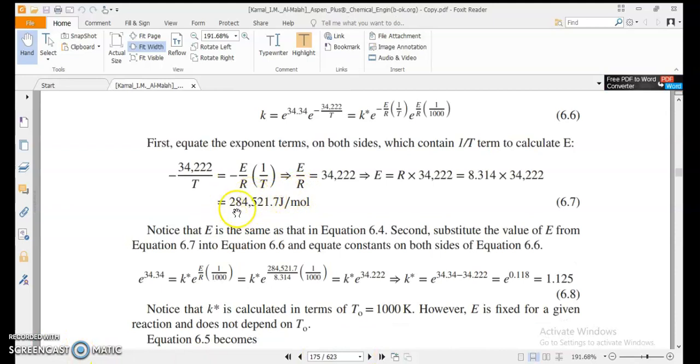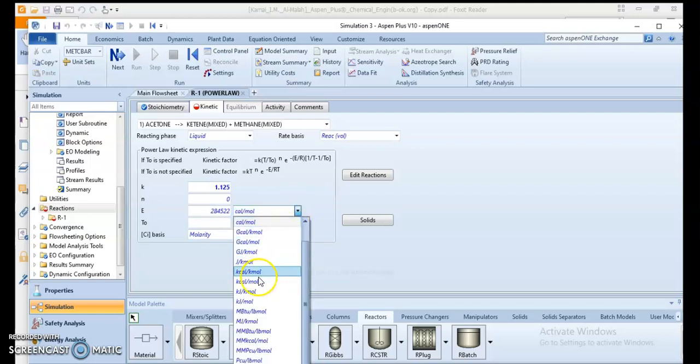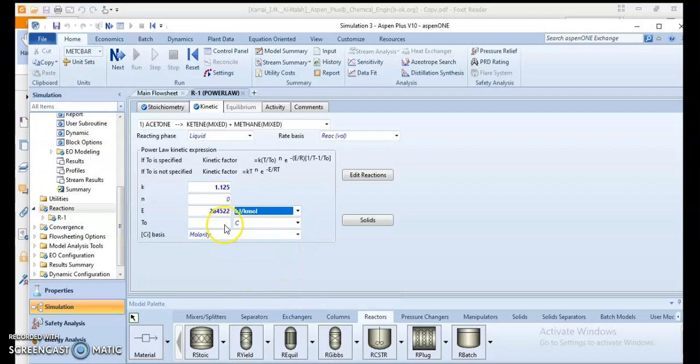So the A value is here, and the activation energy is in kilojoule per Kmol, and the initial temperature is 1000 Kelvin. The reactor is operating in a liquid and vapor phase. If you are running the reactor in a liquid phase, hopefully it will not work. So it's working in the liquid vapor phase.